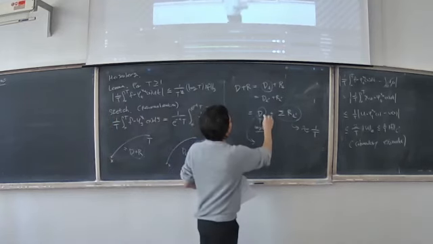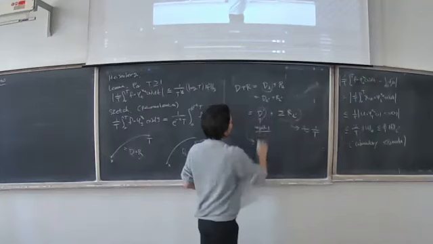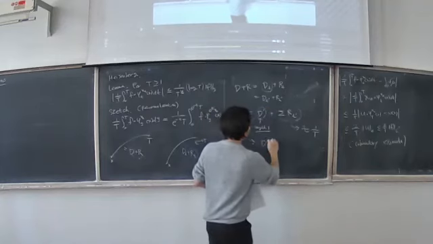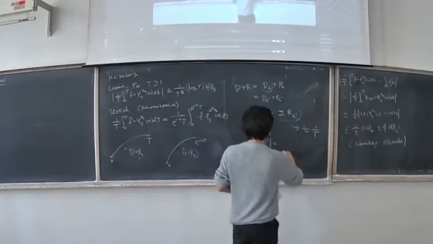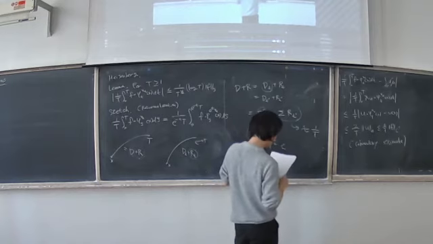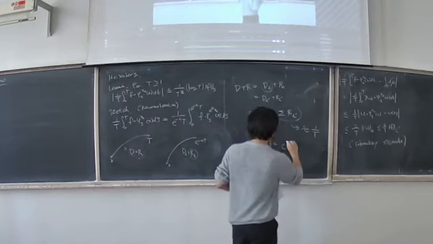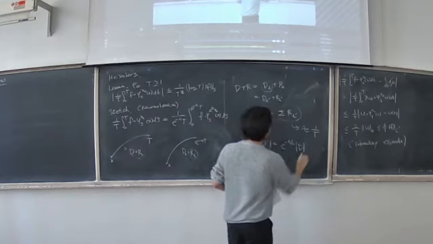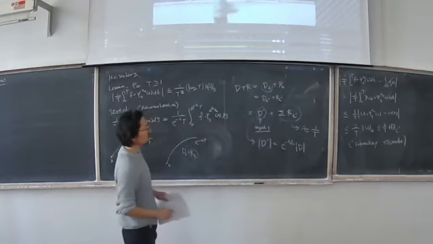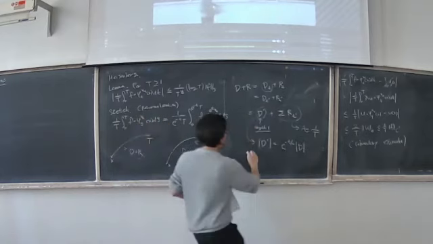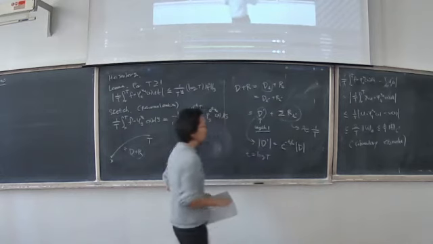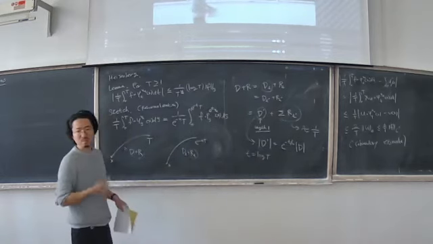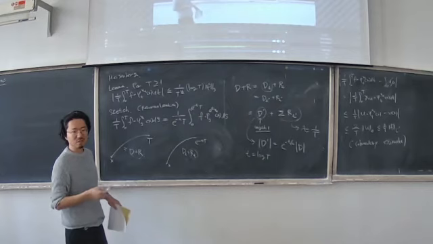And this one is like D sharp. And D sharp is equal to minus T over 2. So then we can take T over T, and from this part we can recover T to the 1/2.